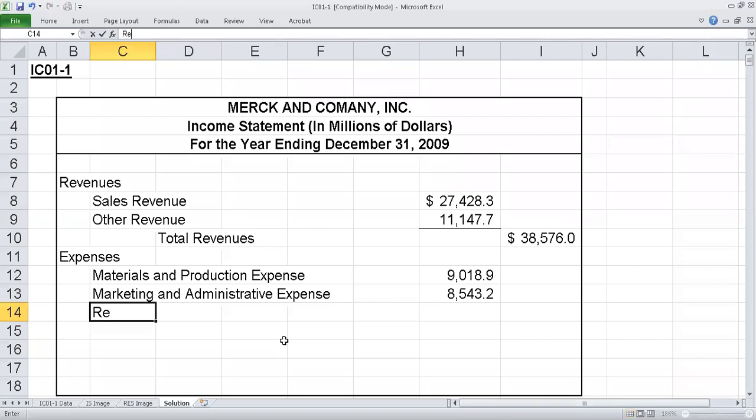Then research and development expense, $5,845.0.